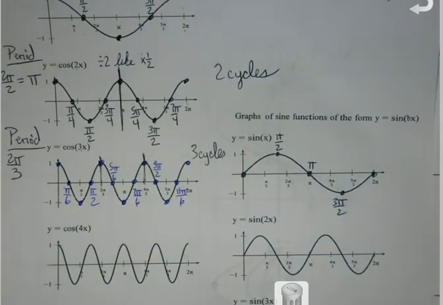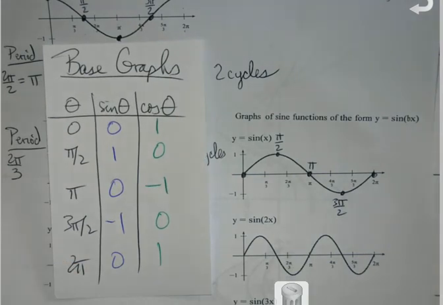So whenever I use the word base graph or base values, that's what I'm going to keep talking about. If you have an understanding of the base angles and what their consequent y values are, you're going to be able to graph any of these with ease, because all you're going to do with a period is mess with these, depending on what that coefficient value, that b value, happens to be.